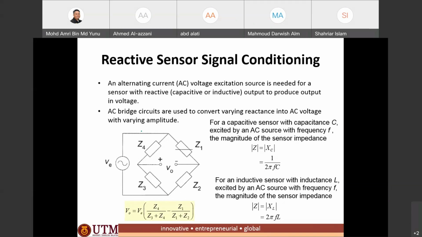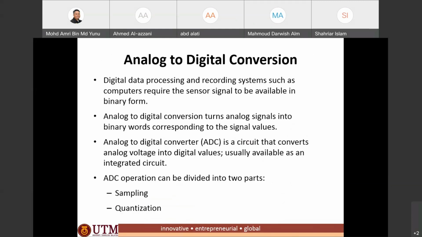So we can also use a bridge, similar to the Wheatstone bridge, to convert the capacitance or inductance change into output voltage. Okay. Next, we look into the analog digital conversion.